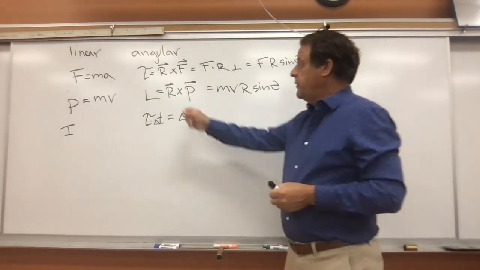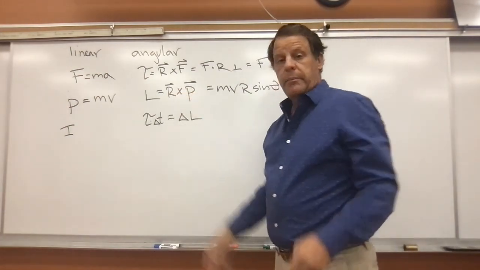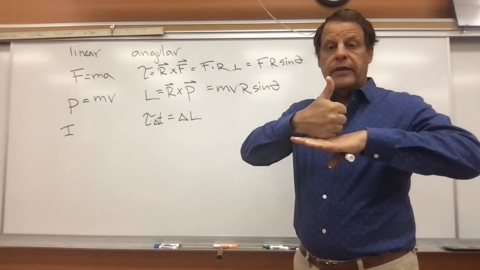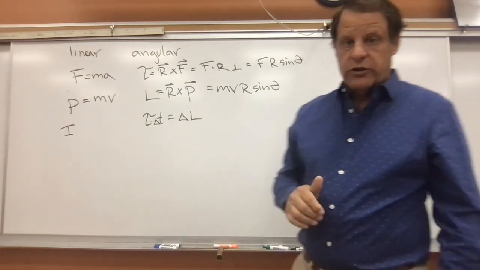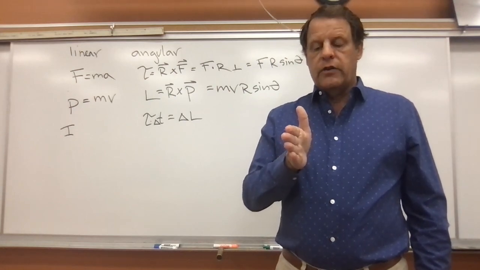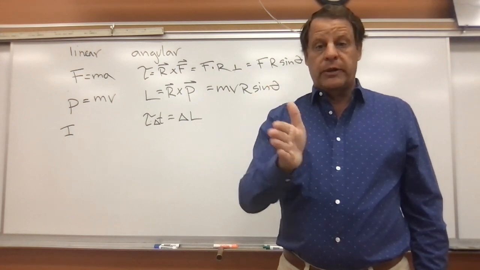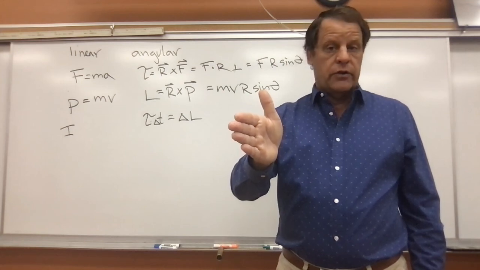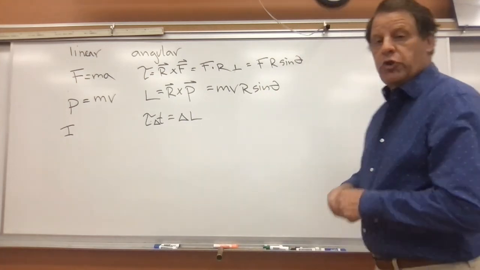If we have something in the XY or the IJ plane, then either our torque or angular momentum is going to be in the positive K or the negative K. You may remember from last week's lecture that we can use the right-hand rule. We take our right-hand fingers and go in the direction of our first vector in that cross product, which is the radius, and then we bend them towards the other one.